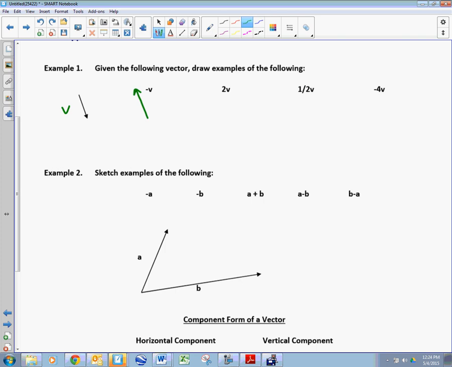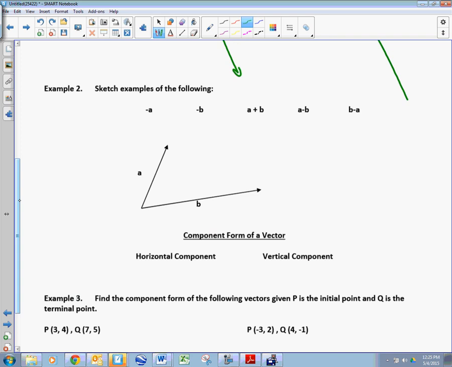So that's negative V. 2V would be twice the length, but the same direction. 1/2 V, half the length, and negative 4V, be opposite direction, and say 4 times the length. That makes sense to everybody?